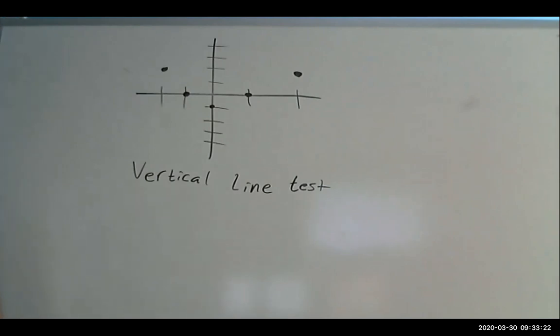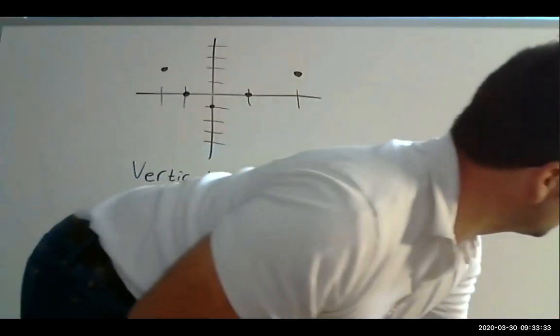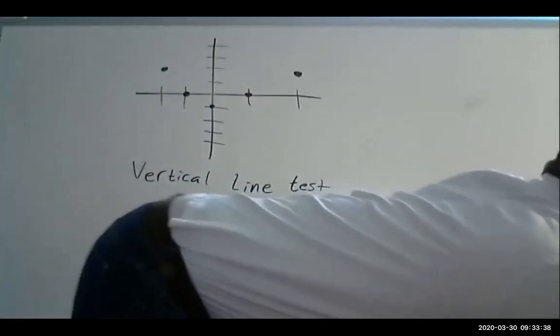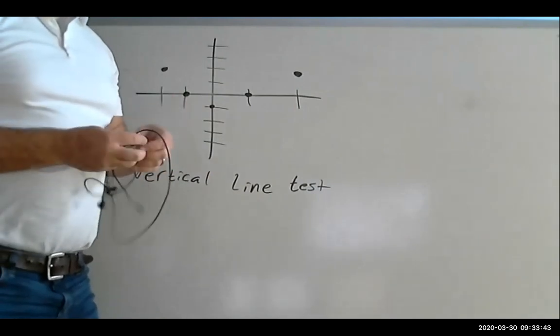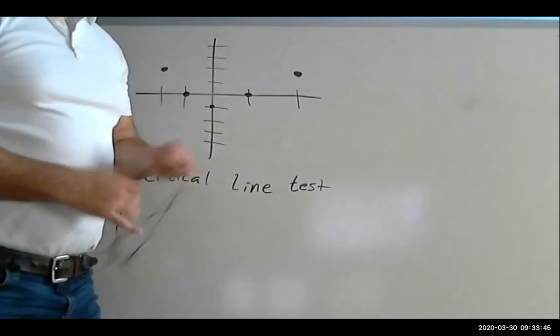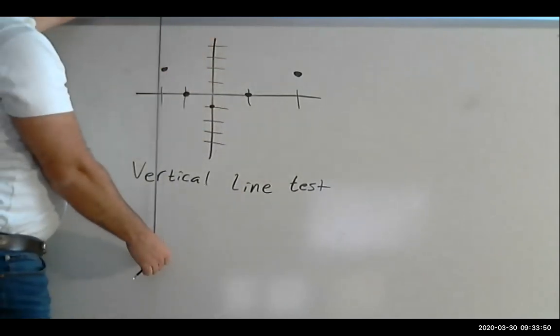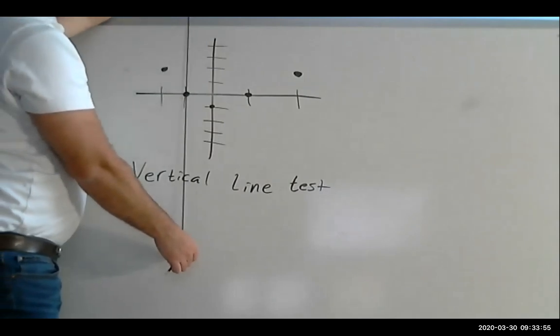You take a vertical line and you move it all throughout the graph, and you see, does it ever cross more than one point?